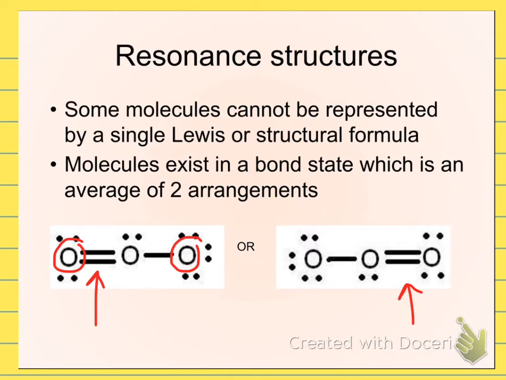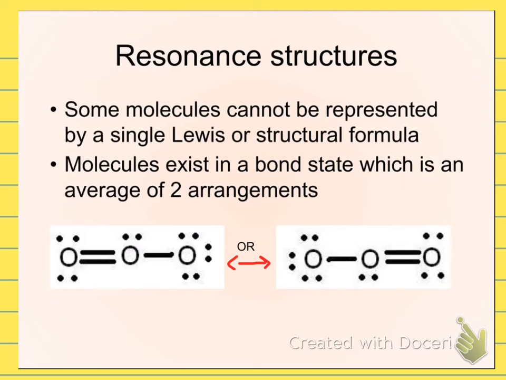When we have a situation like that, we have to use a resonance structure, which means we have to show the structure of this molecule with the double bond in every position that it could possibly be in. And we then put a little double-headed arrow between them, kind of to say, yeah, it goes back and forth. It's somewhere between these two.